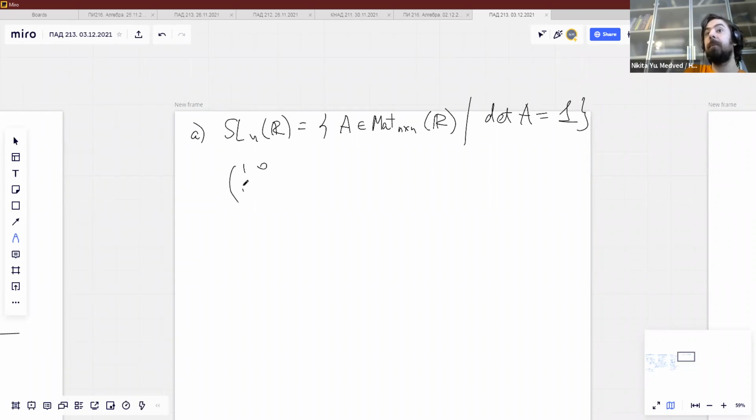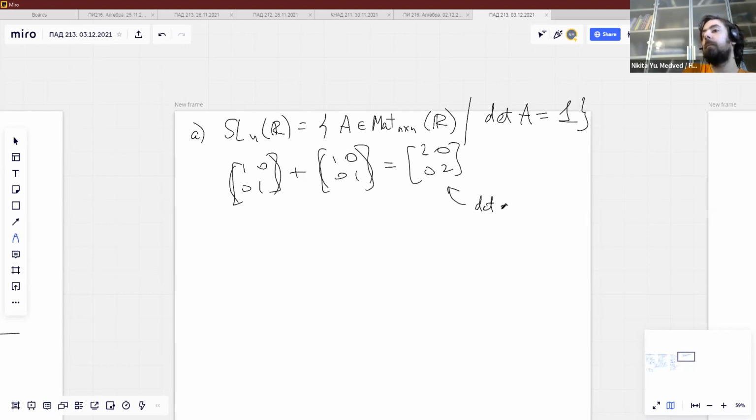For example, if n equals 2, but it is easier to generalize this example for any n, then the sum doesn't have determinant 1, the sum of such. So this set is not closed under addition. When you add elements of this set, you get something not from this set.